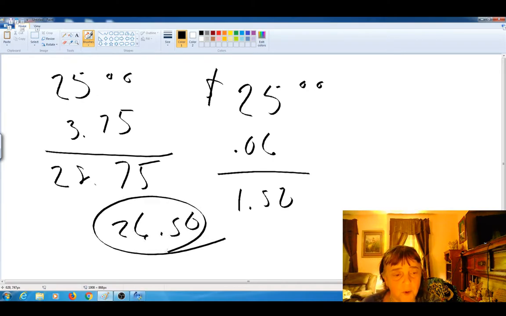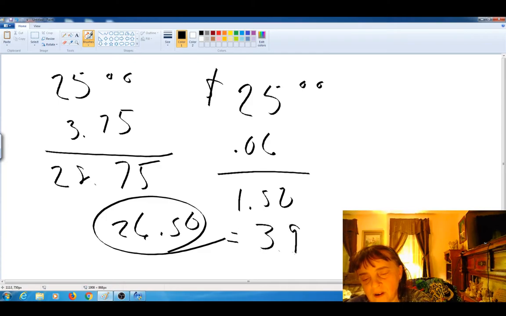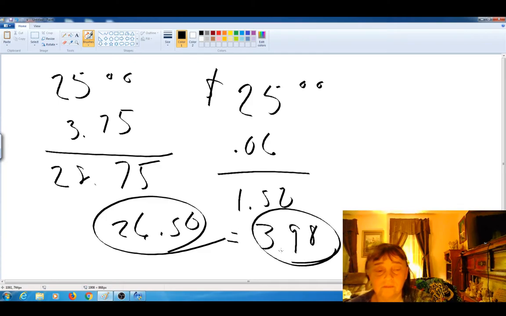And then if you wanted to find 15% of that, 26.5 times 0.15 would be $3.98. So I guess maybe you should find the tip after you add the sales tax on.